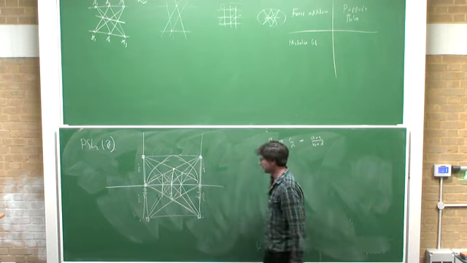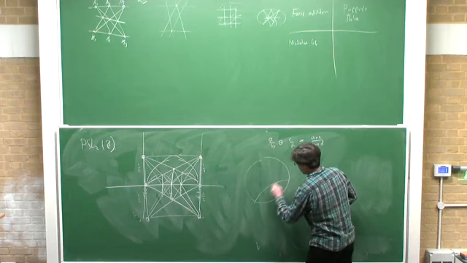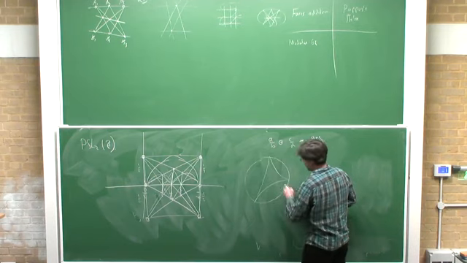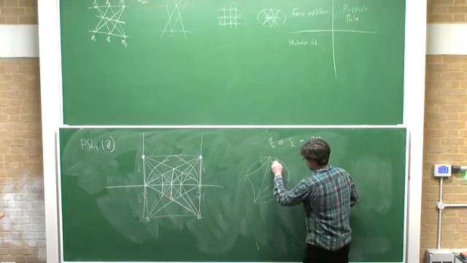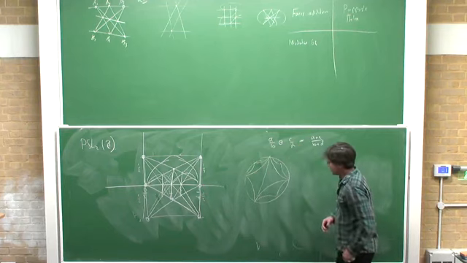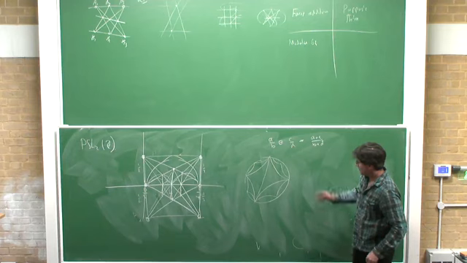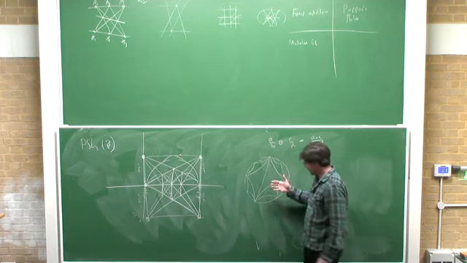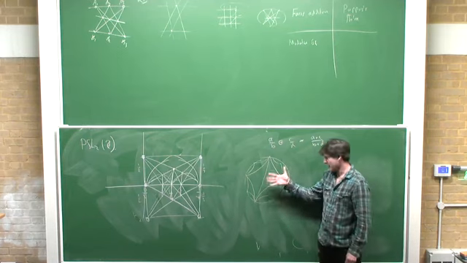Okay, so I want to say a little bit more. Sometimes I won't draw the upper half plane. I'll just draw the unit disk, and I'll draw the Farey graph like this. Before moving on, I want to say a little bit more about the modular group.